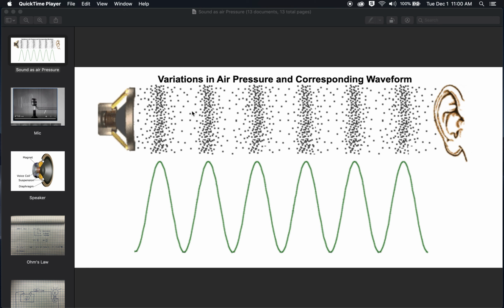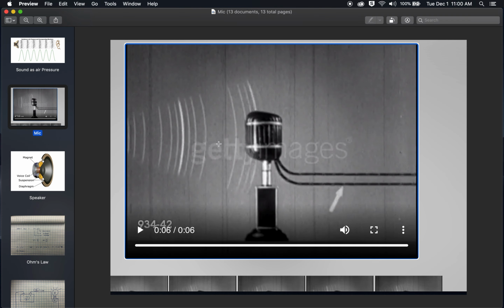It moves air molecules and creates pressure waves, areas of high pressure, low pressure in this waveform that eventually hits our ears, which then vibrates our eardrum, which transfers that energy from pressure into an electrical response that our brain then perceives as sound, right?